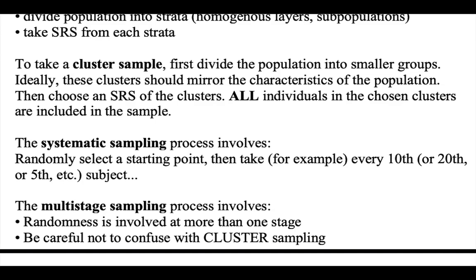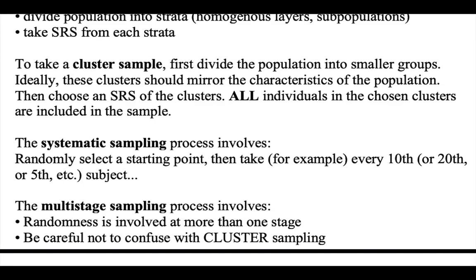I had no choice over which teachers were getting chosen. There's my randomness. But once I figure that out, then everyone in that chosen group gets to take the survey. So it's clusters.